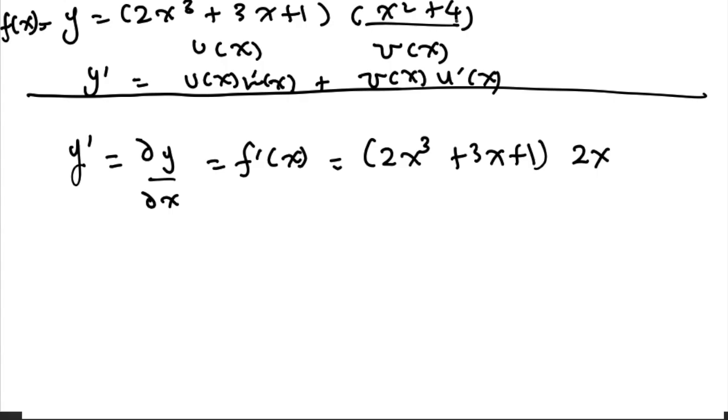The 4 here, when you differentiate, because it's a constant, no x, it becomes 0, and then that's it. So you see here, plus sign, plus.